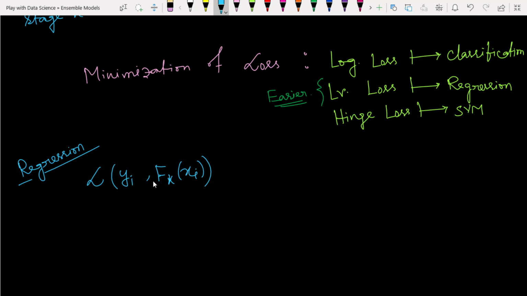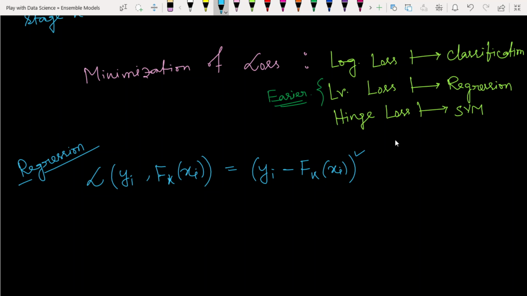We are now interested in minimizing the loss function. So the loss function L is (y_i minus f_k(x_i)) squared.